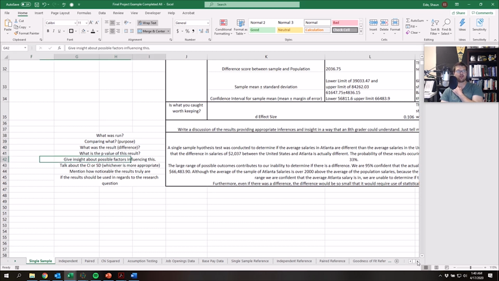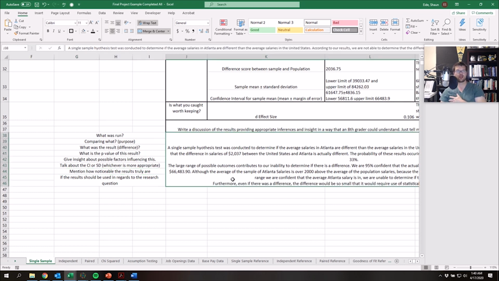And then mention the effect size. Furthermore, even if there was a difference, the difference would be so small that it would require use of statistical techniques, or a large sample size, to even notice the difference.